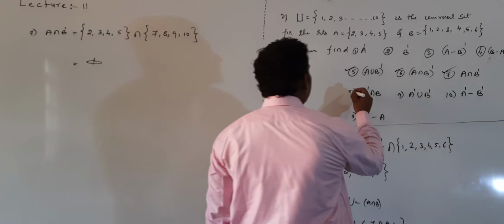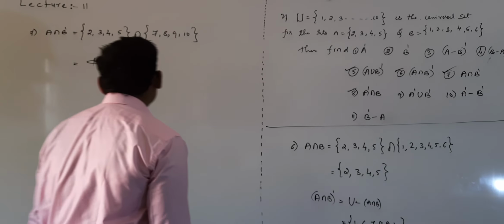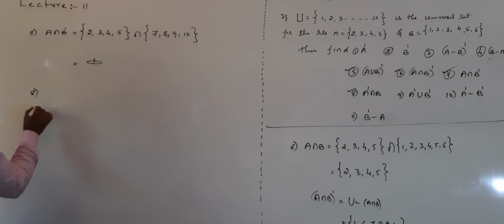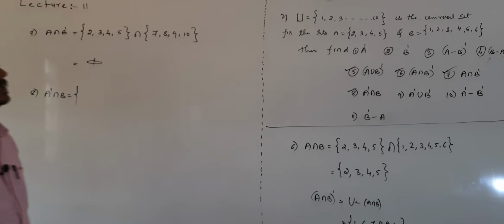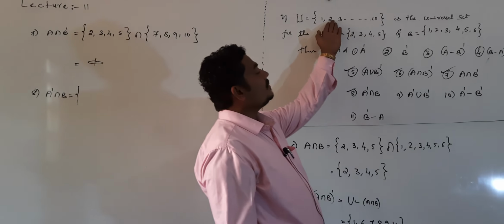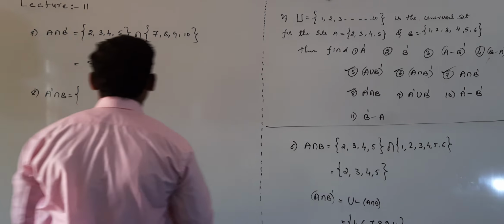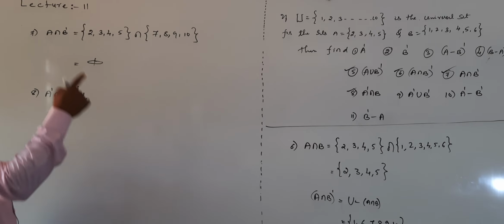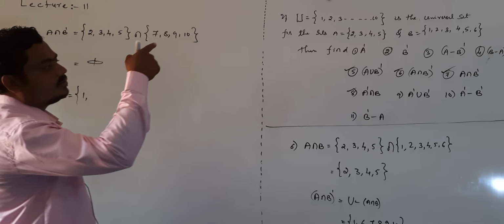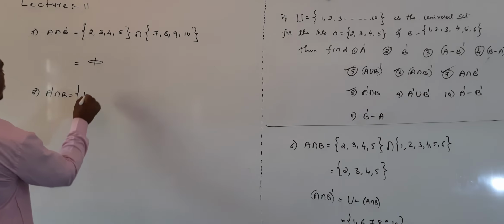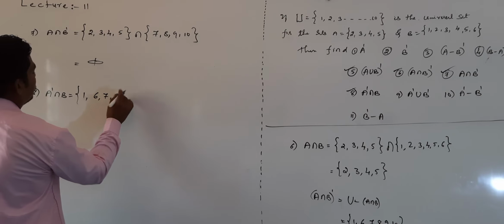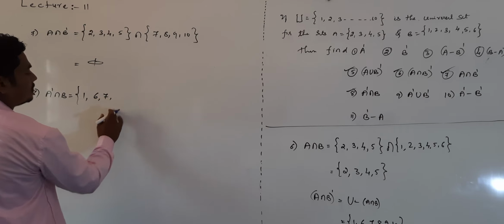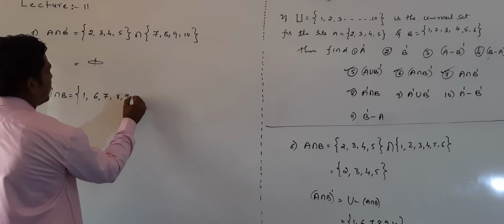After that, A complement intersection B. A complement intersection B, that's equal to, write A complement. A complement means U minus A, means 1, 2 2 get cancelled, 3 3 get cancelled, 4 4 get cancelled, 5 5 get cancelled, 6 onward, 6, 7, 8, 9 and 10.